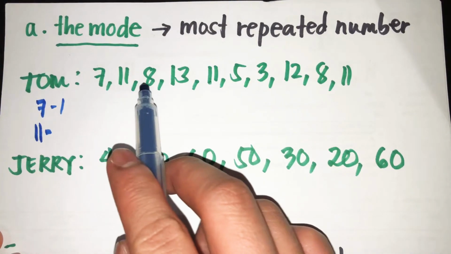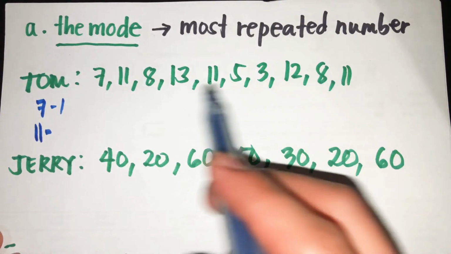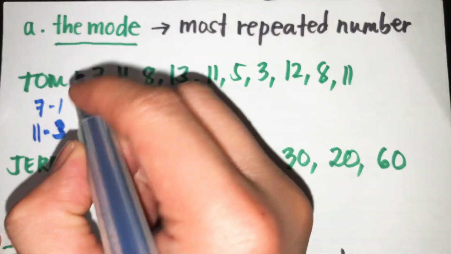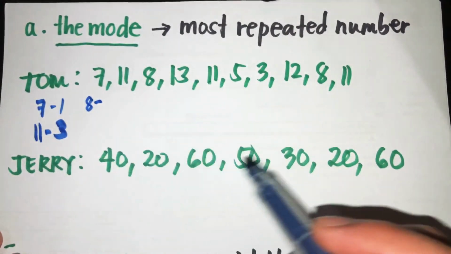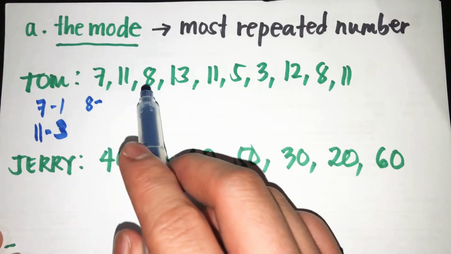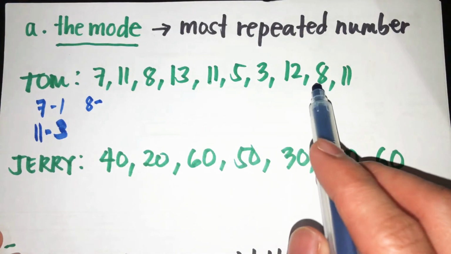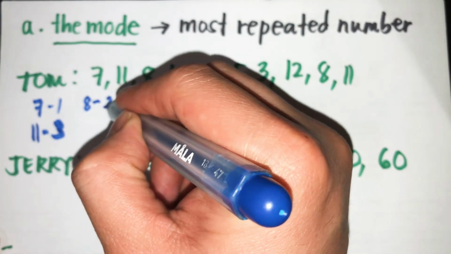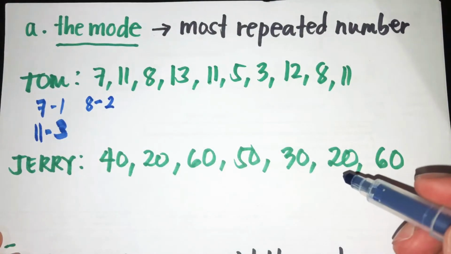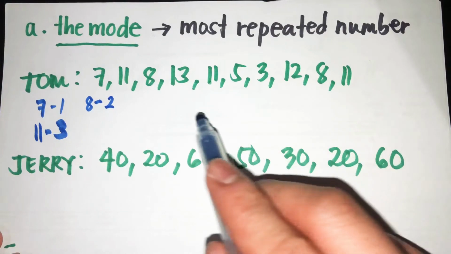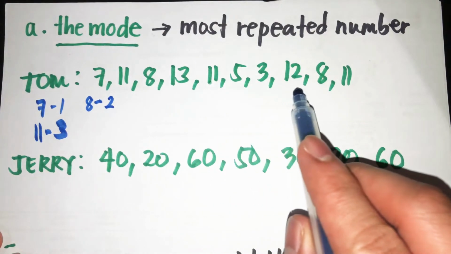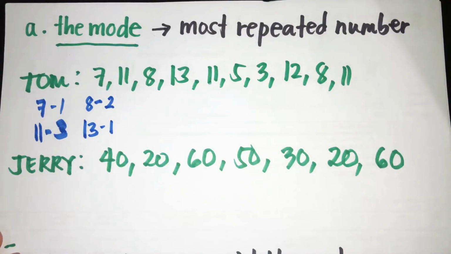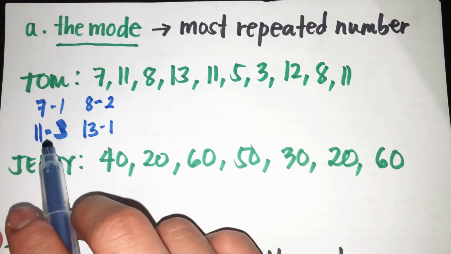So we have 1, 2, 3. Then for 8, it appears 1, 2, so twice. Then for 13, it appears once. Then again for 11, we have 3.